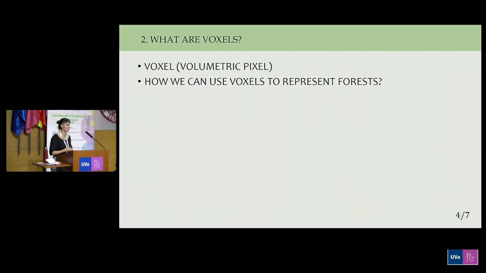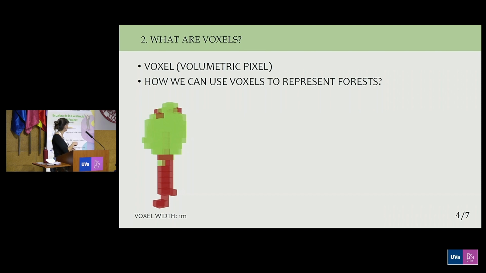So let's talk about voxels. What are voxels? A voxel is a generalization of a pixel. If a pixel is a small square we use to represent 2D figures, a voxel is a 3D cube we use to represent 3D objects. And how can we use voxels to represent forests? If we isolate a tree from the Jarandilla plot we saw before and we voxelize it, we end up with something like this.